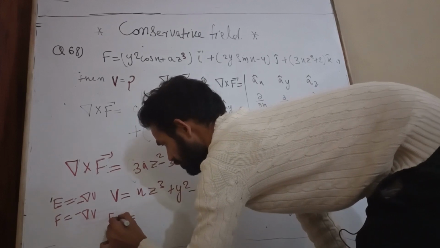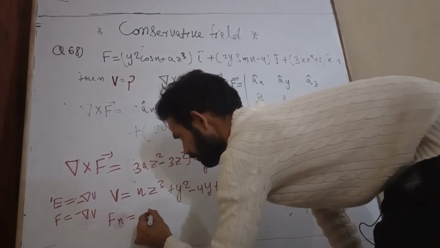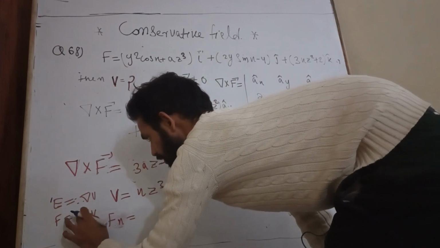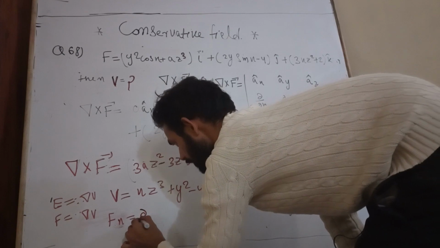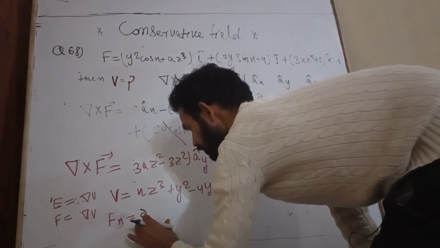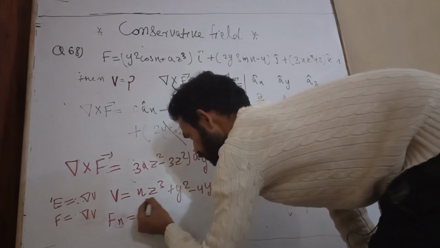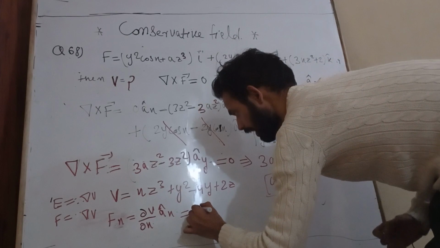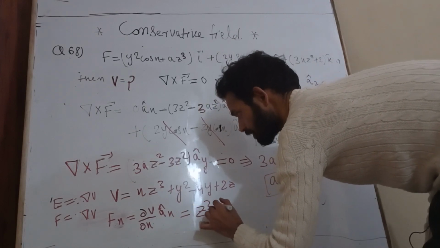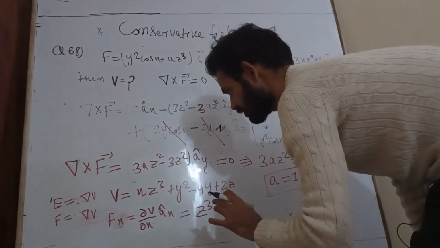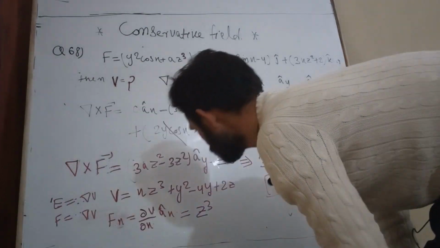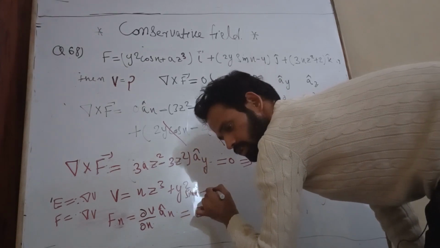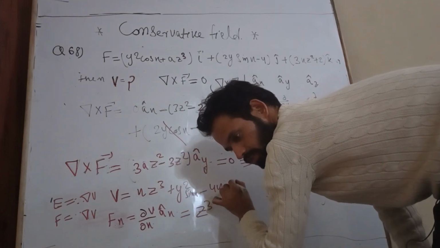So because we are just calculating Fx, which is nothing but dou by dou x of V, a unit vector x, since F is equal to del V. If we solve this, we will get z cube plus y square sin x minus 4y plus 2z.